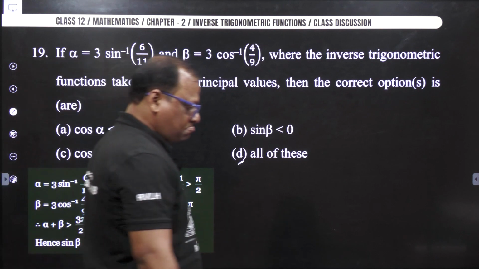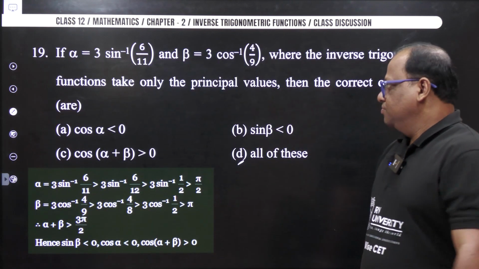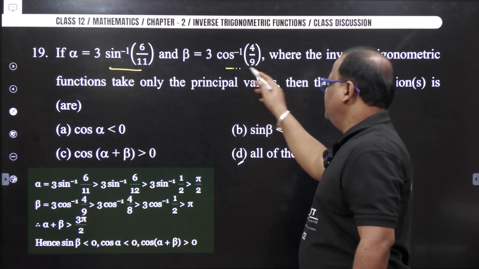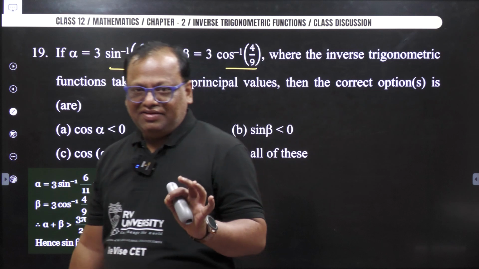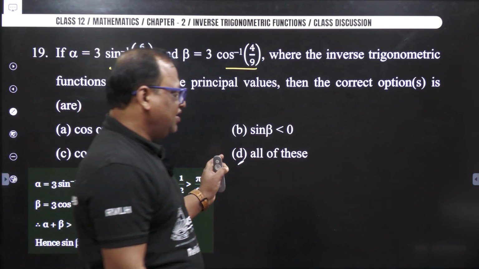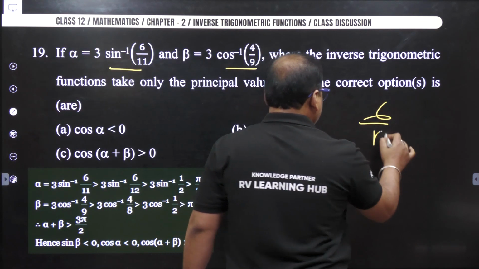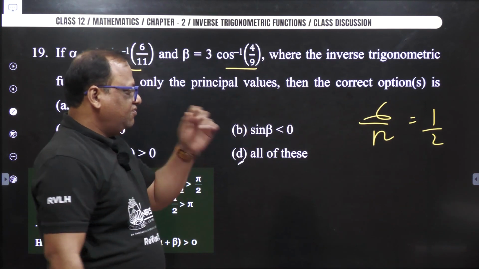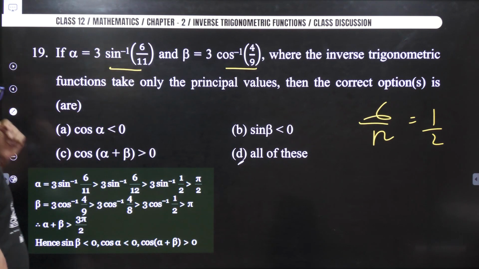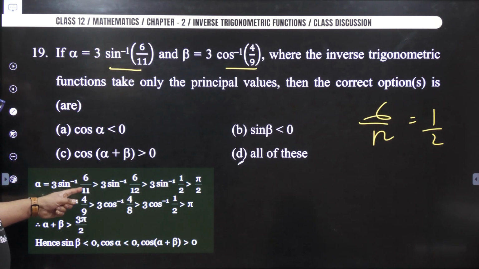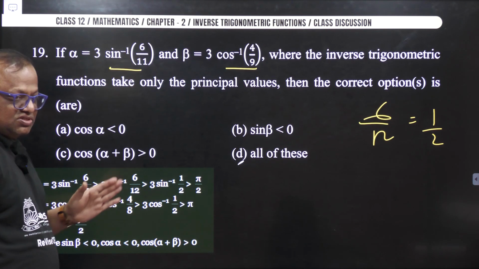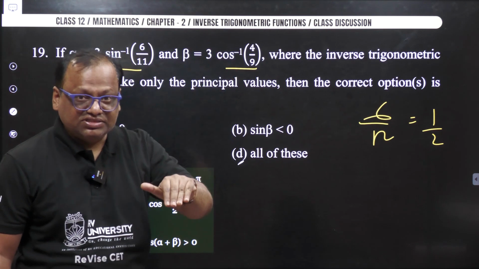Yes, 19th question. Please have a look. 3 sin inverse of 6 by 11, 4 by 9. Now the nearest value to 6 by 11 is 6 by 12. 6 by 12 becomes 1 by 2, right? So now what I do is, 3 sin inverse of 6 by 11 will be greater than 3 sin inverse of 6 by 12, because this is 1 by 2 and this is a little lesser, and sin is an increasing function.